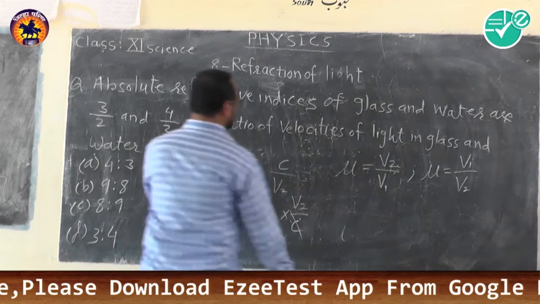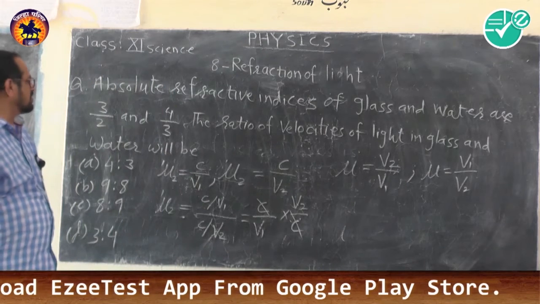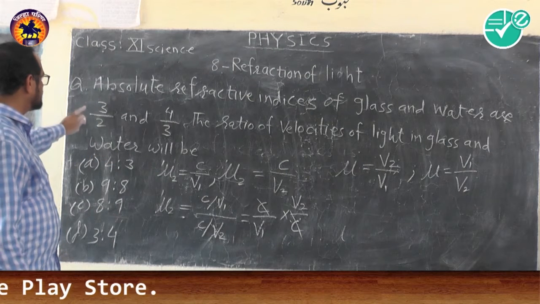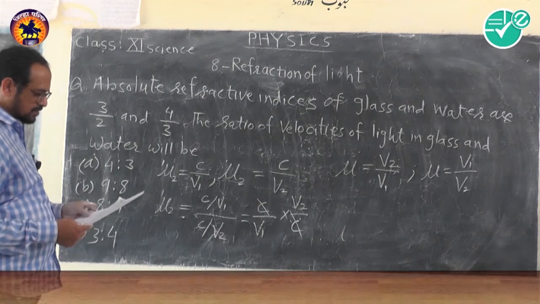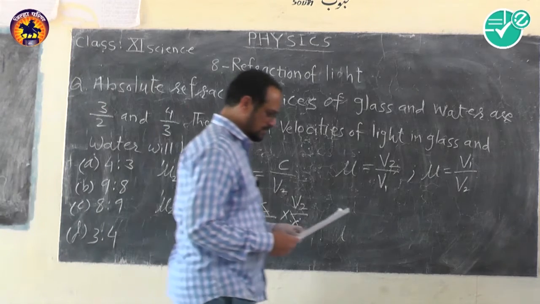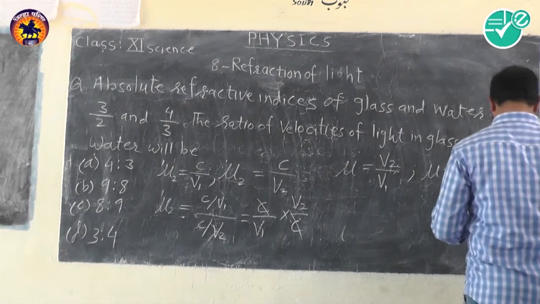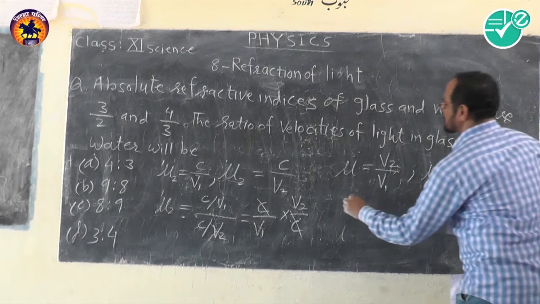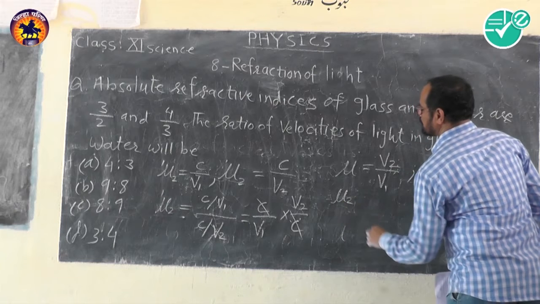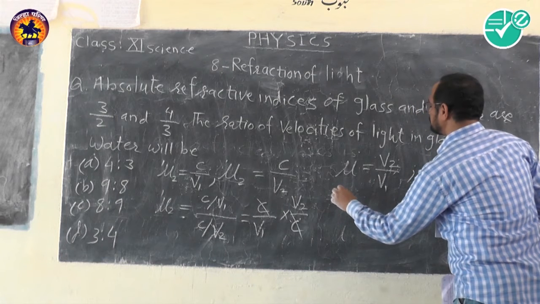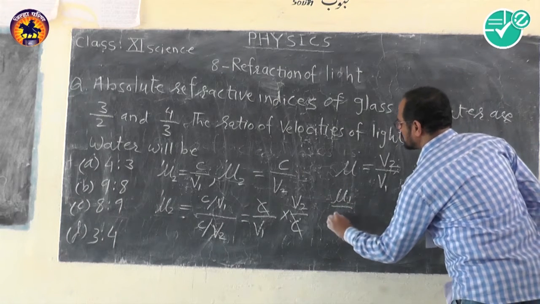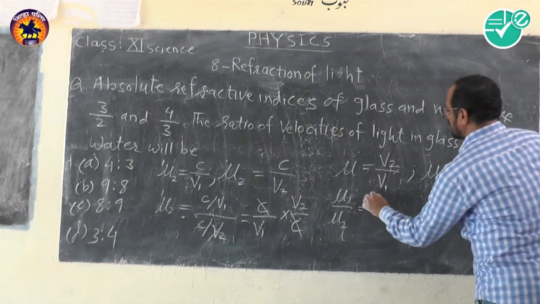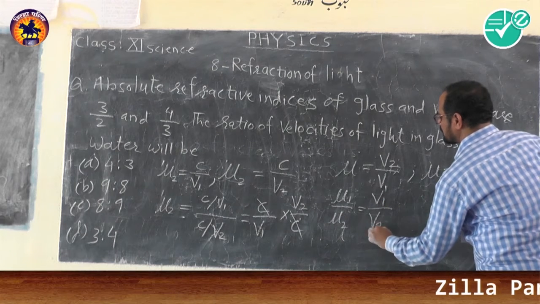Now here given is the ratio of the velocities, and we have to find it from the absolute refractive indices, that are 3 by 2 and 4 by 3. So for that we can write mu1 upon mu2 is equal to v1 upon v2.